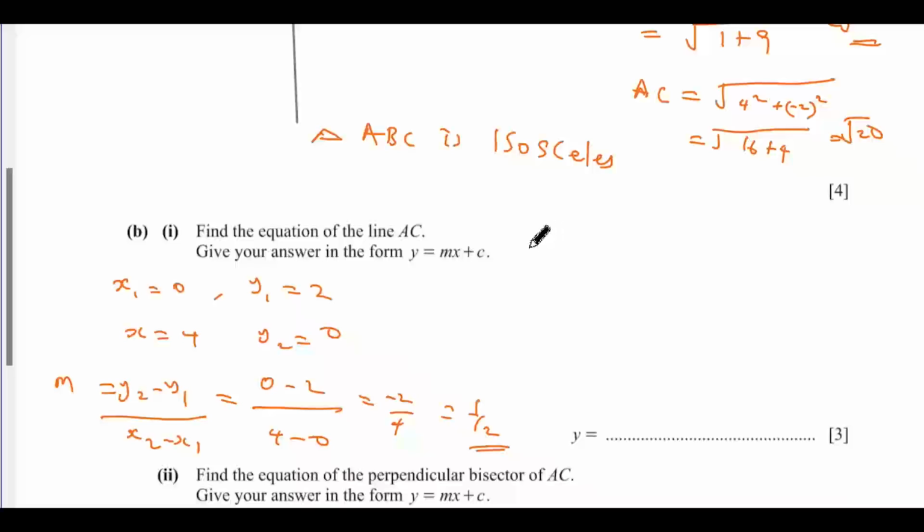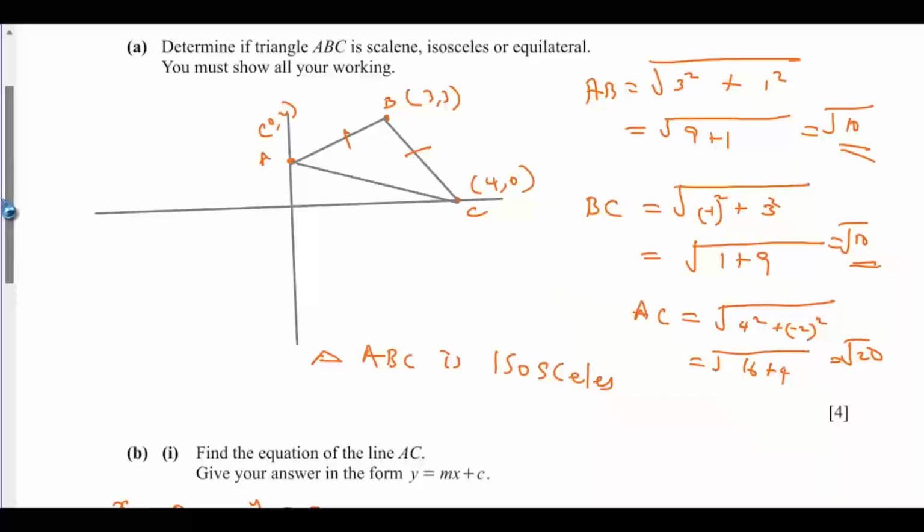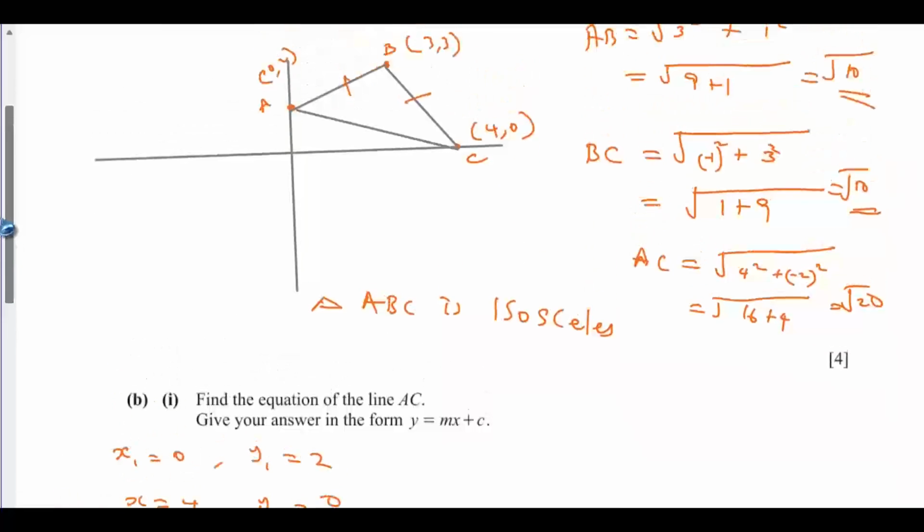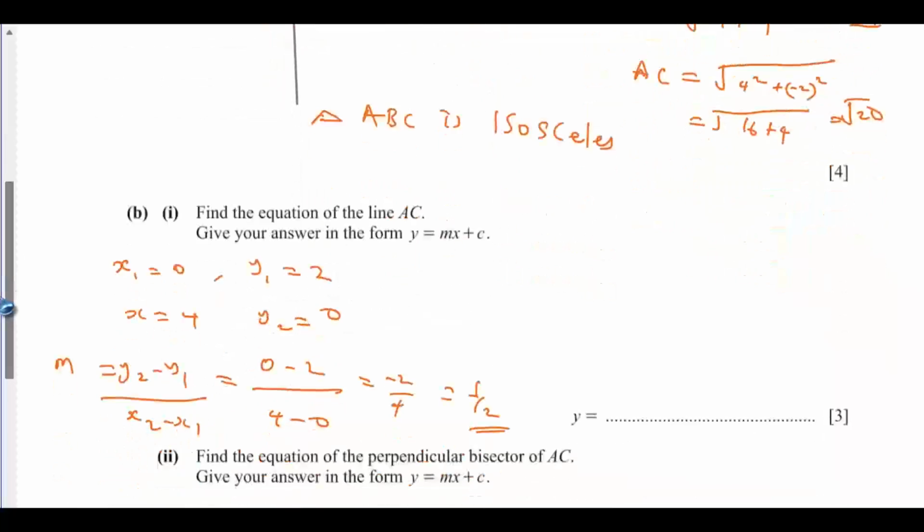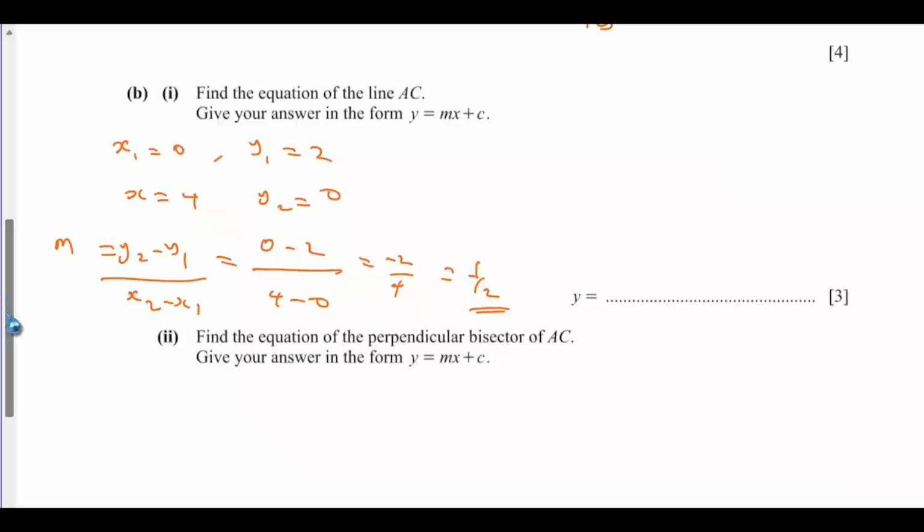The straight line passes through a point there, so I can use x1 and y1, that is, it passes through 0, 2, that's point A. You can use either of the 2 points, A or C. For me, I'm using point A, so it will be y minus y1 equals m into x minus x1.